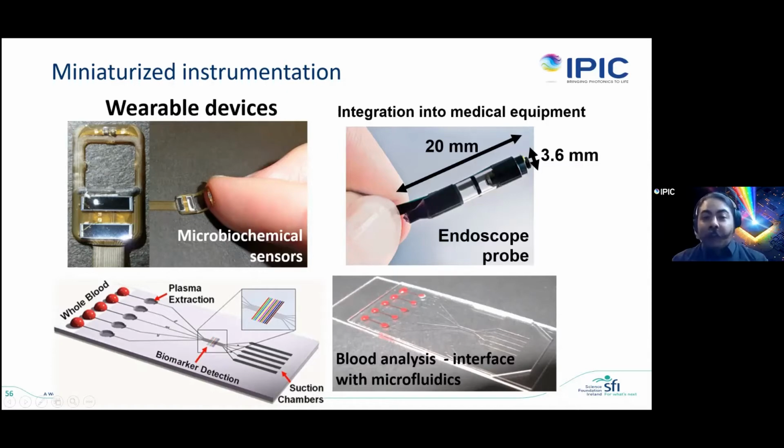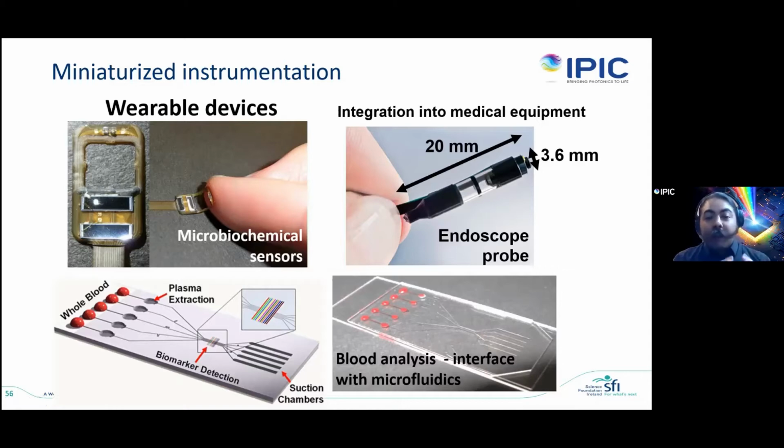Miniaturized instrumentation is also present in microfluidic chips, which can be used to analyze biofluids. Could be blood, urine, saliva, and so on. These chips can be sent to many places. If they don't have the facilities to do a lot of biochemical analysis of samples, they can do it with the chips.